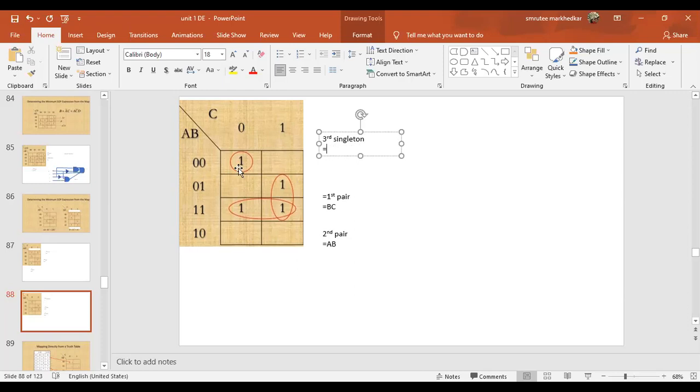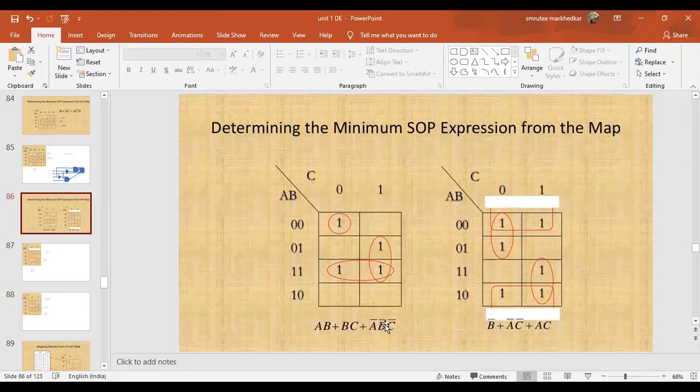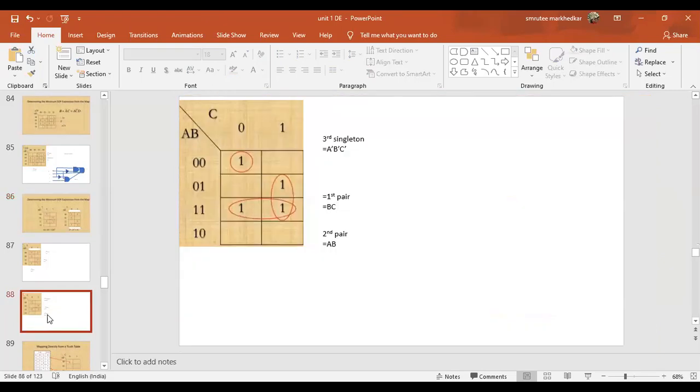So AB is basically A bar, B bar. Okay. What about C? C is C bar. So that means what all combinations we have got? We have got AB, BC, and A bar, B bar, C bar.